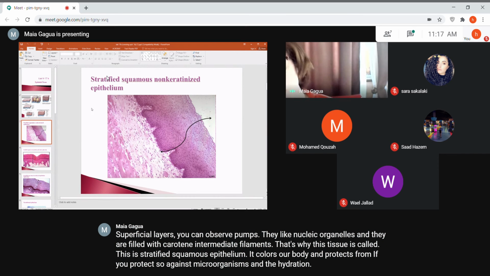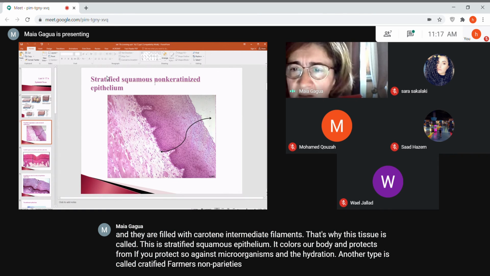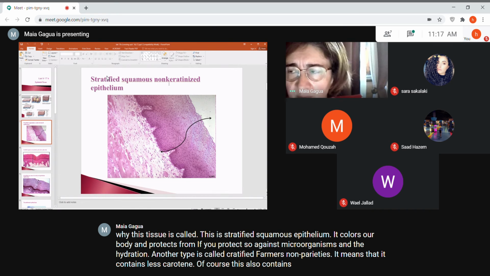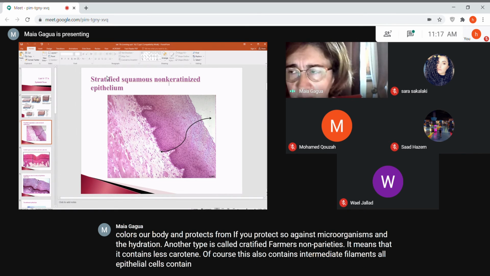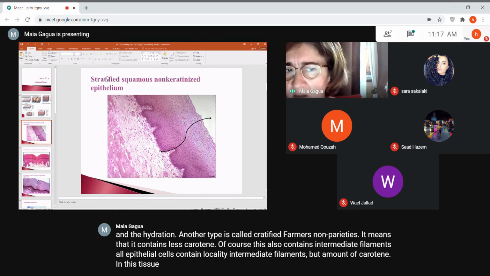Another type is called stratified squamous non-keratinized. It means that it contains less keratin. Of course, these cells also contain intermediate filaments. All epithelial cells contain keratin intermediate filaments, but the amount of keratin in this tissue is much less than in keratinized.